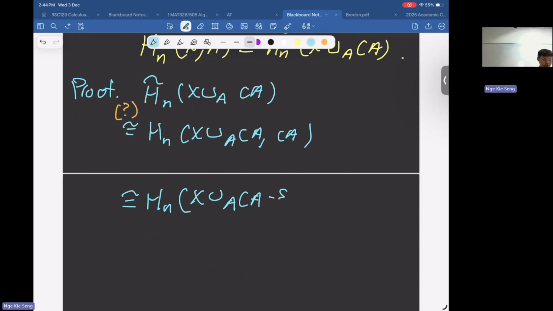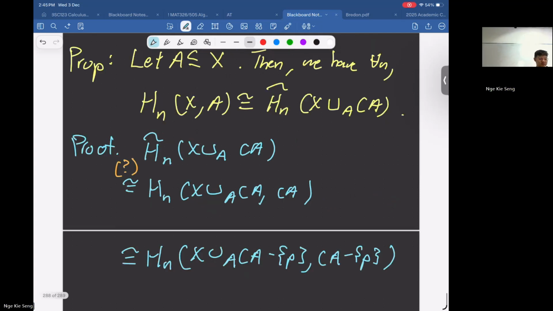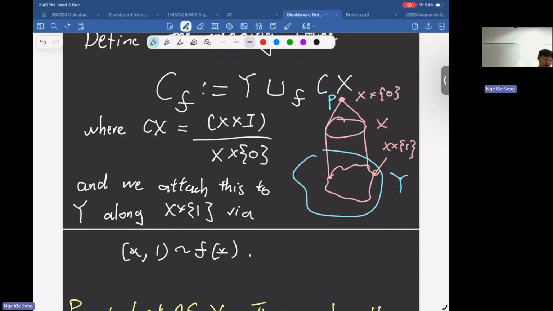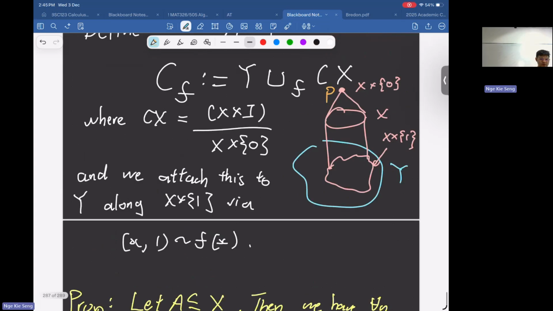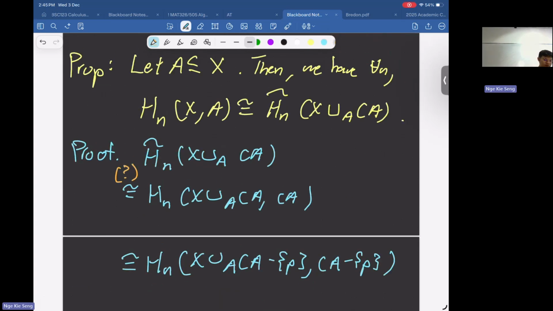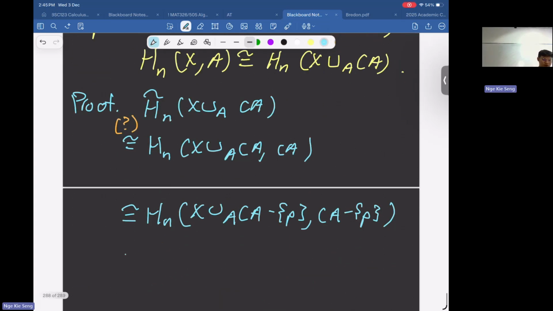Okay, so meaning you take away a point, where this point is the tip of CA. The tip, this point is P. Then if you take this away, then everything can deformation retract down to X and A. So excision and then deformation retract.